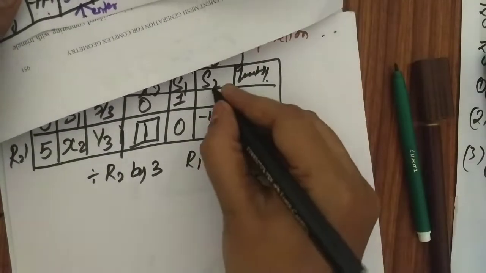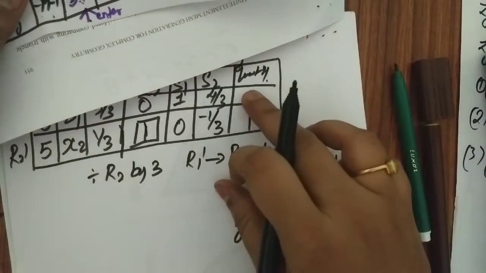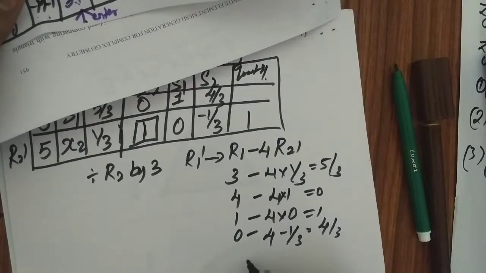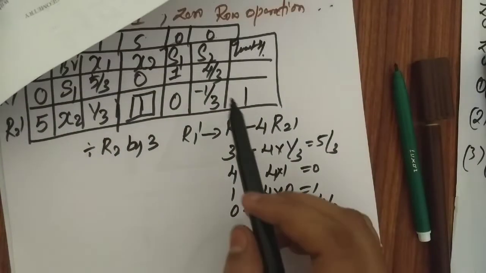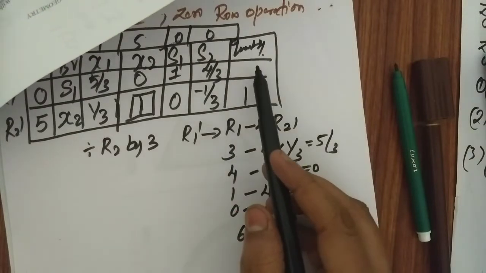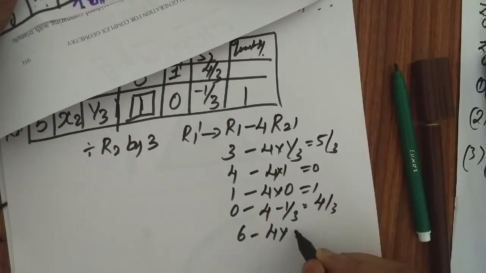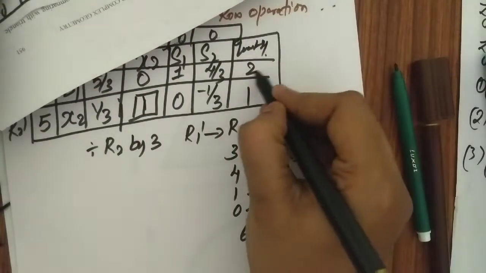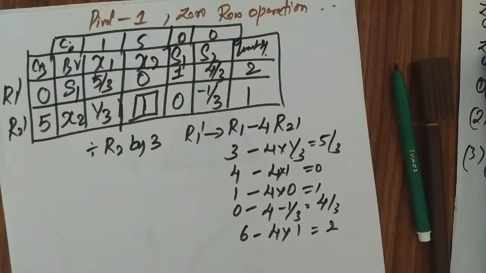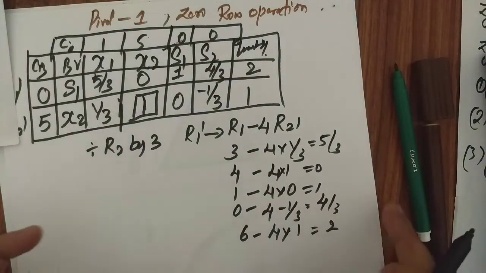Minus of minus is plus, so it is 4 by 3. Similarly, find the quotient. R1 is 6 minus 4 into the quotient 1. So 6 minus 4 is 2. So here the entry is 2. Now we don't require the first table.